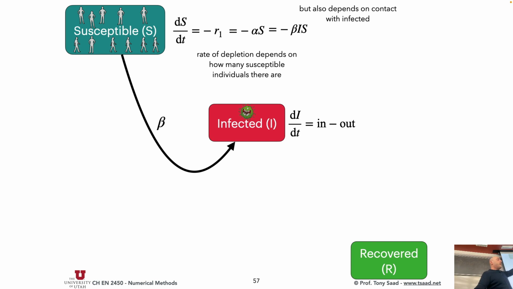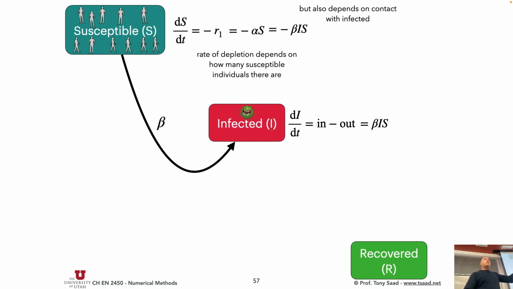The number of people being infected is equal to beta IS, because those are the people that left susceptible and became infected. So it's negative beta IS up there, but it's positive beta IS over here. That's the conservation. Whoever left from susceptible and became infected now entered the infected compartment.